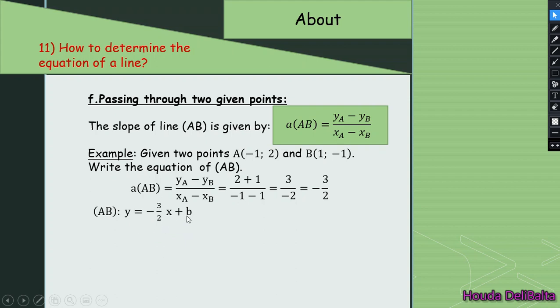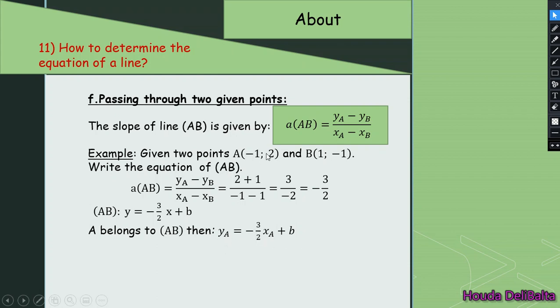So who remembers what we should do to find b? I use the help of any of these points that are on the line. So I just substitute the coordinates of either A or B in place of x and y in order to find b. So I choose A, which belongs to AB, then YA equals -3 over 2 XA plus b.